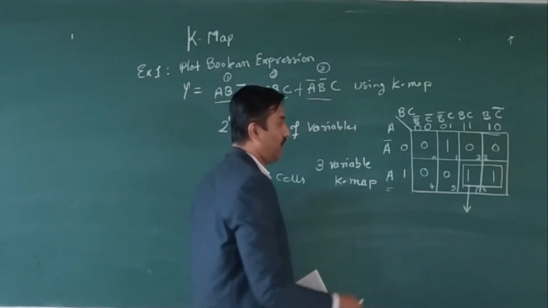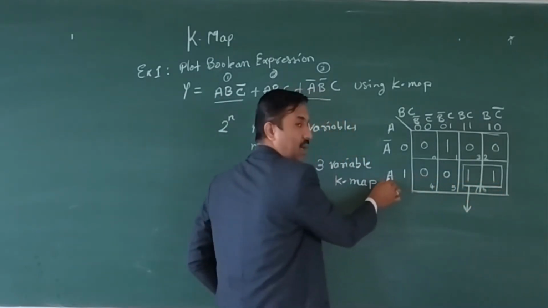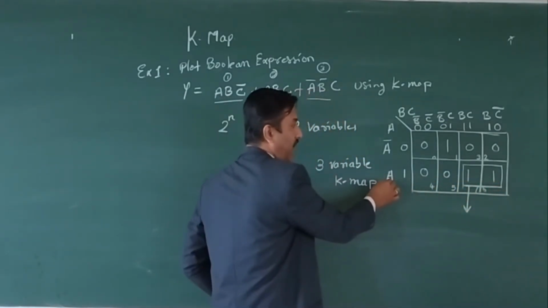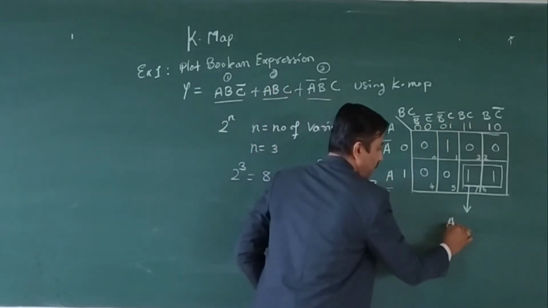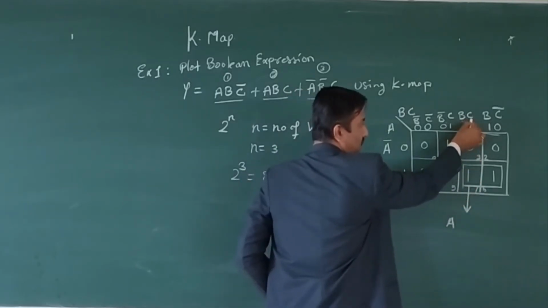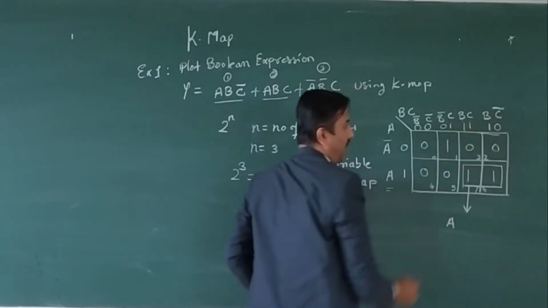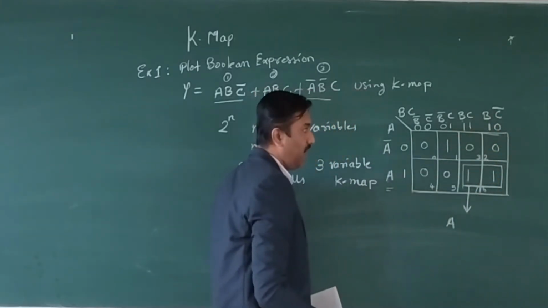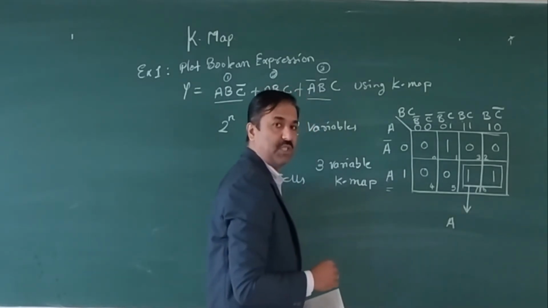Now if you look at this one and this one, the common variable we have is A. So A is going to be a part of that, and for this one we have B, C, and for this one we have B, C bar. So we need to check the variable which is changing.